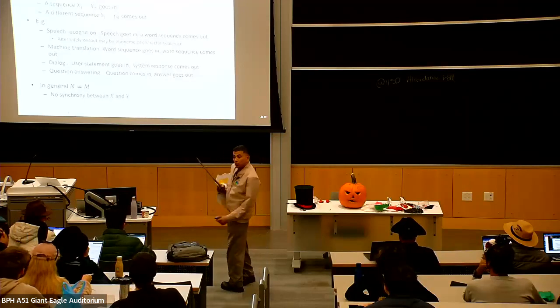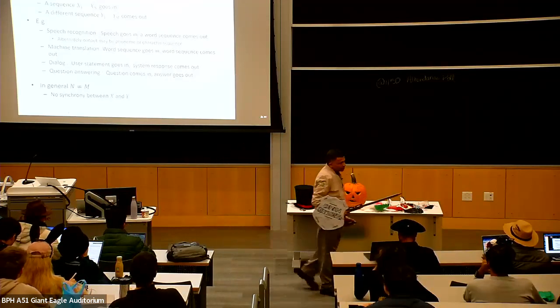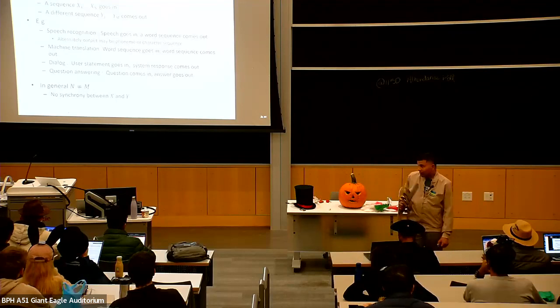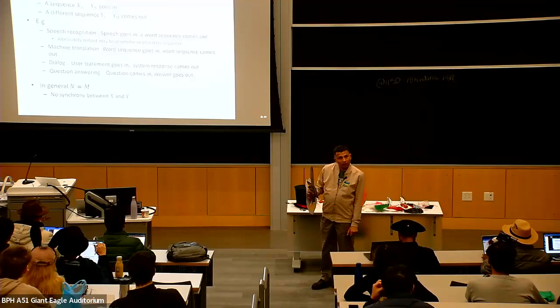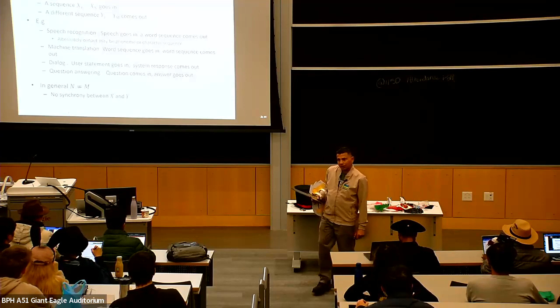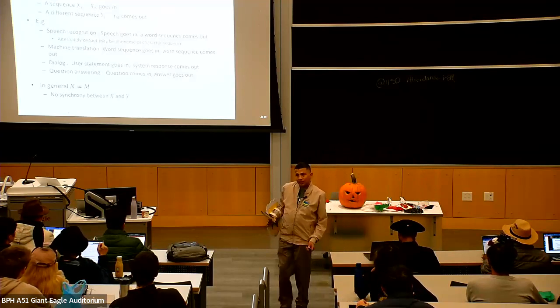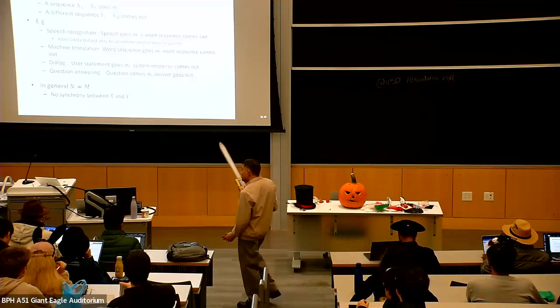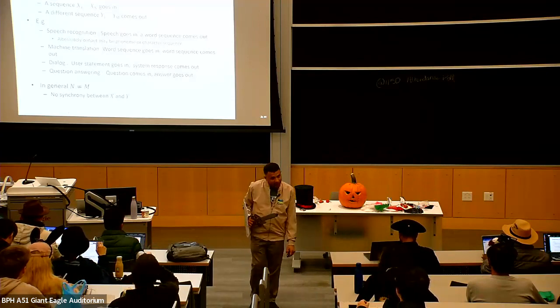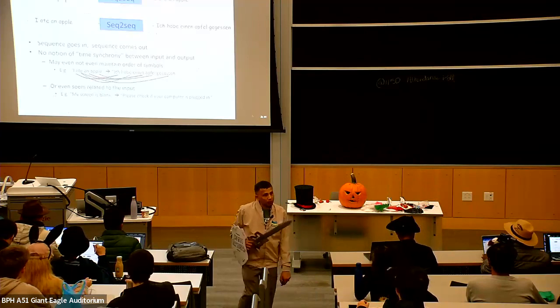Dialogue: a user's input goes in, the system's response comes out. Or question answering: a question goes in, a response comes out. All of these are just sequence-to-sequence models, right? A sequence of inputs goes in, and the output is also a sequence. And in general, there's no need for any kind of correspondence between the input and the output.